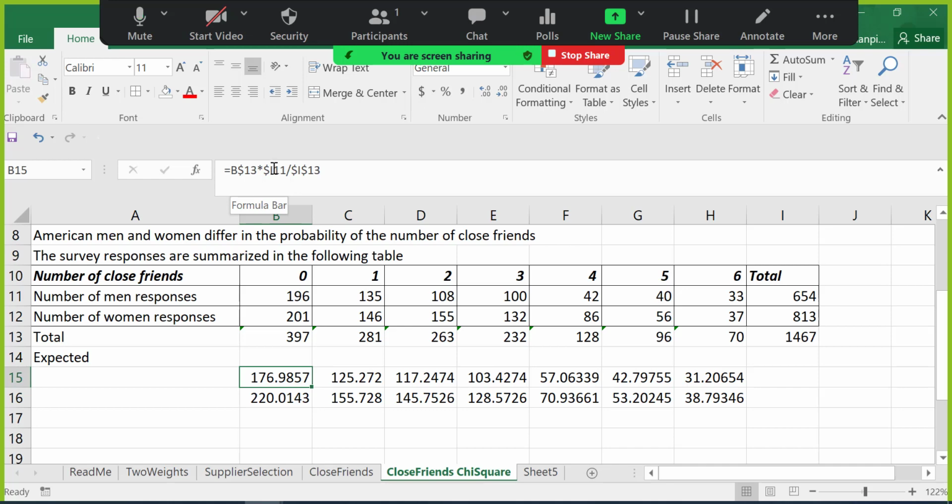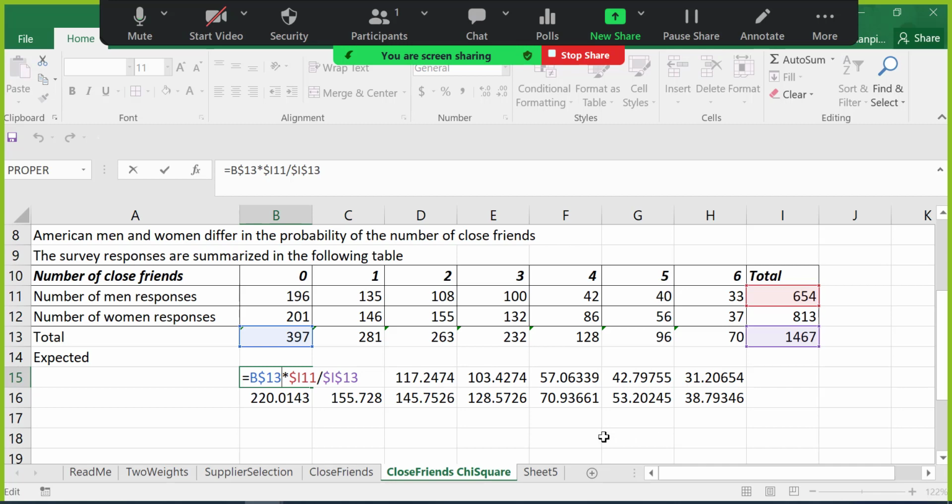And the column total is in column I, so column I wouldn't change, but the row will change from 11 to 12. This way you can drag your formula. Make sure you have the correct dollar signs. It's just the Excel little tricks.